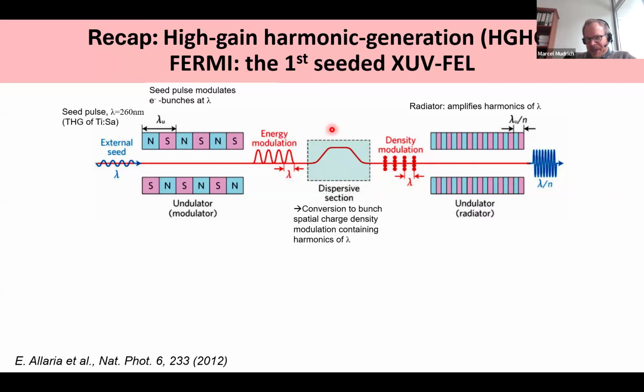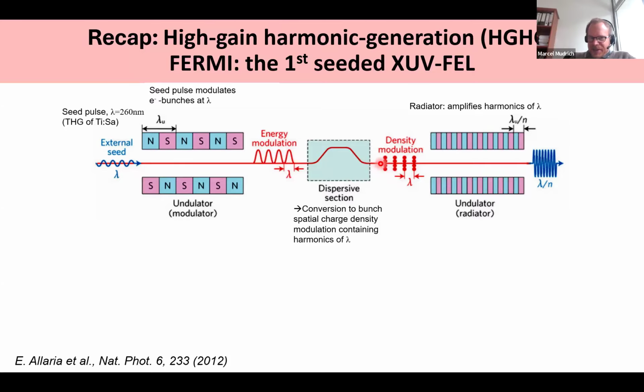So actually this magnetic chicane fulfills two functions. One is to do this conversion from energy modulation to density modulation. The other is to induce higher harmonics in this density modulation. We start out with a sinusoidal energy modulation, but this is not directly transferred into a sinusoidal density modulation.